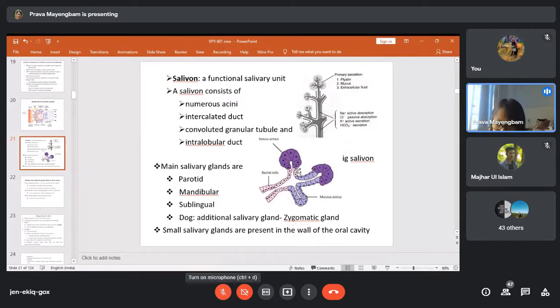Again, each of these acini is lined by epithelial cells. So this is one epithelial cell, this is another, this is another.